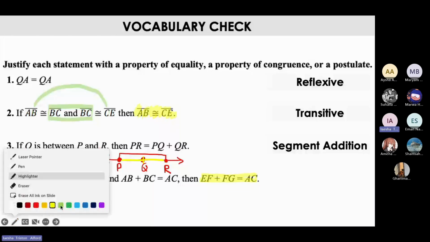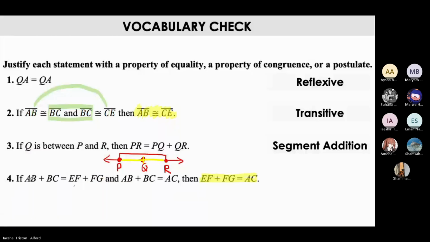We started with this: AB plus BC equals EF plus FG. What's happened here? How did we get EF plus FG equal to AC? This says AC.